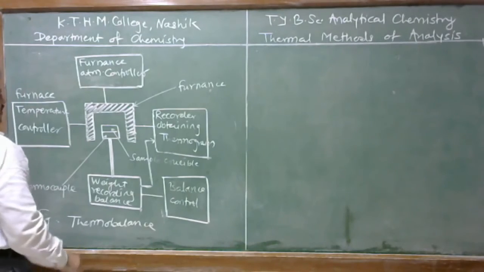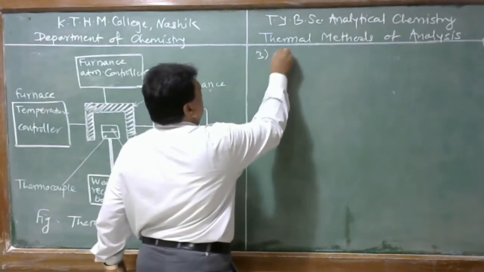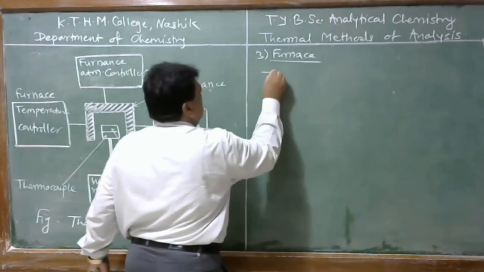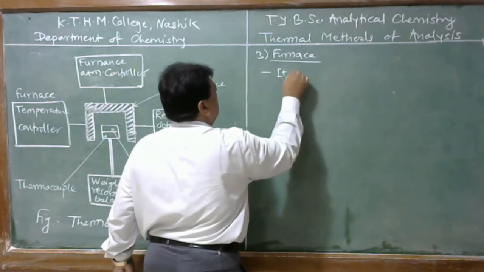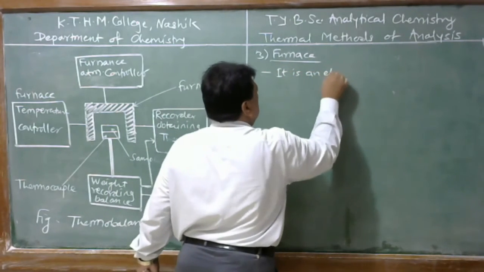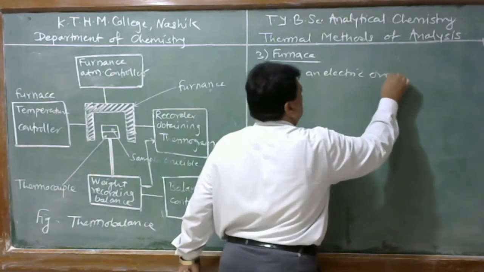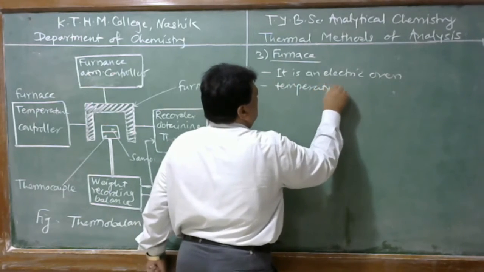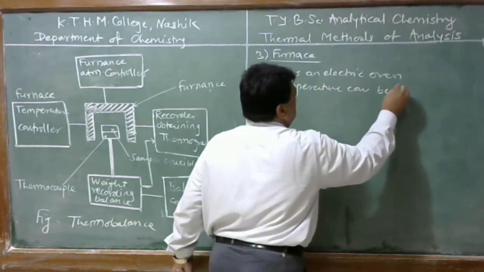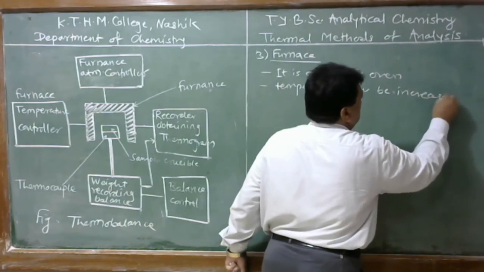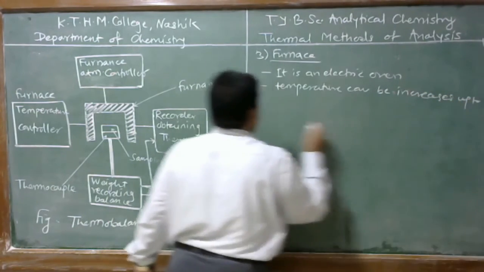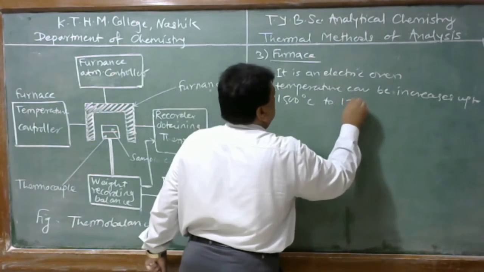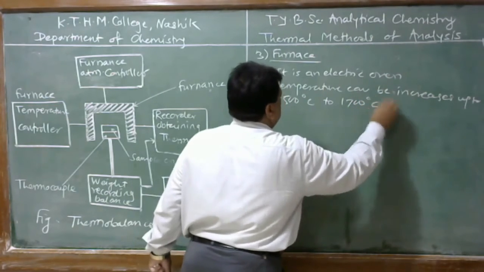Third component is a furnace. Furnace is an electric oven where temperature can be increased up to 1500 degree to 1700 degree centigrade.